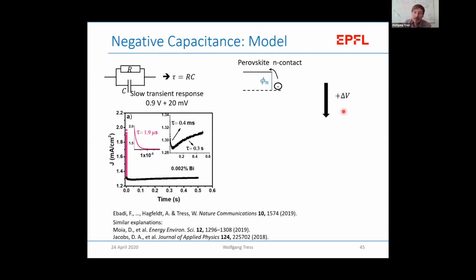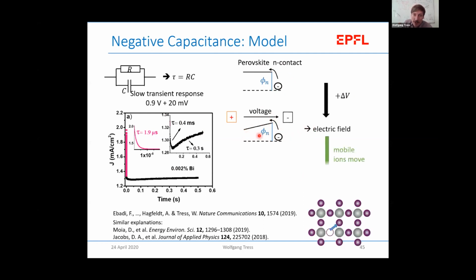And we have this barrier, and then we apply, for example, a little bit higher voltage. So there must be then some electric field, making this injection a little bit more likely, but not too much. If we then assume again we have these ionic charges which move, they should again screen the field in this perovskite, for example, by piling up some positive charge there.